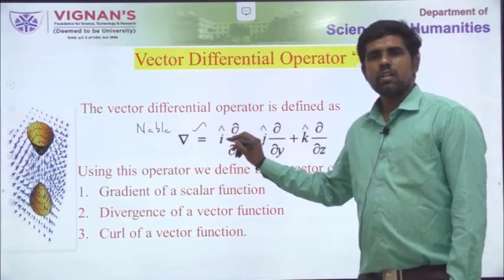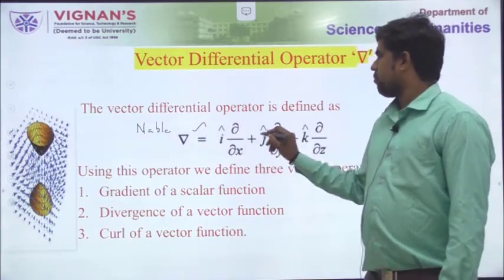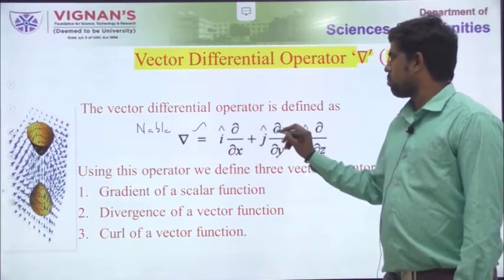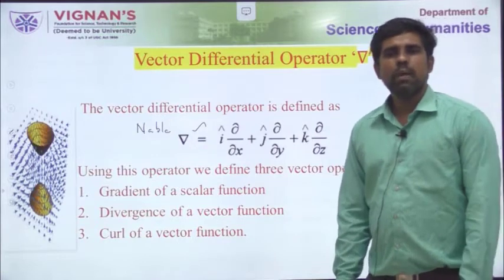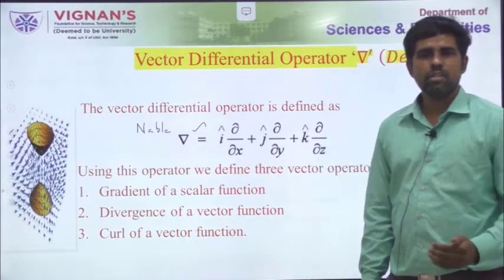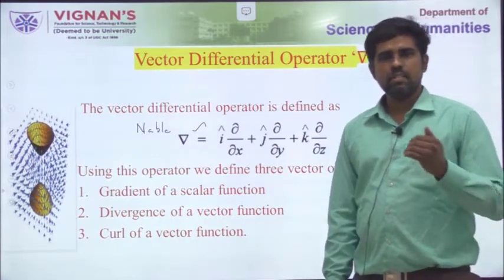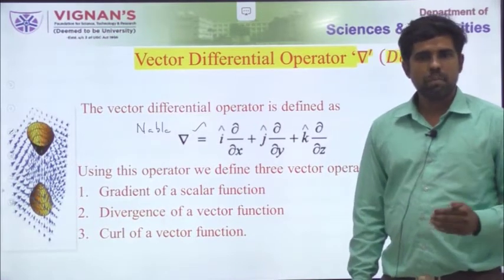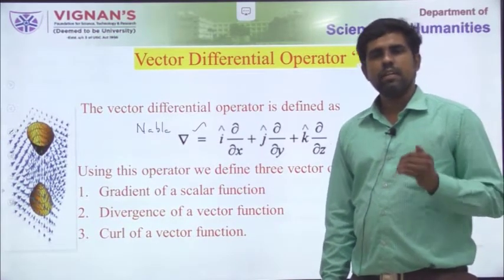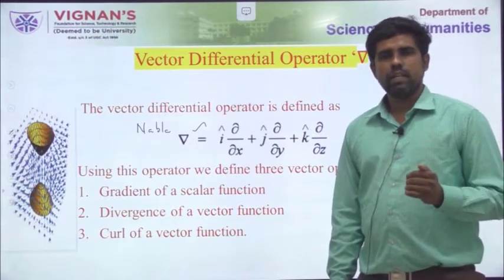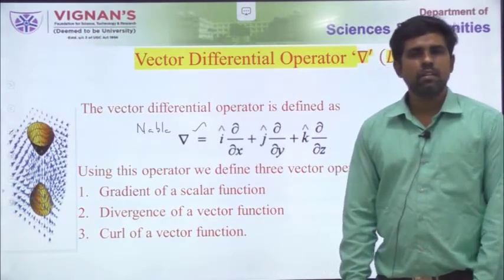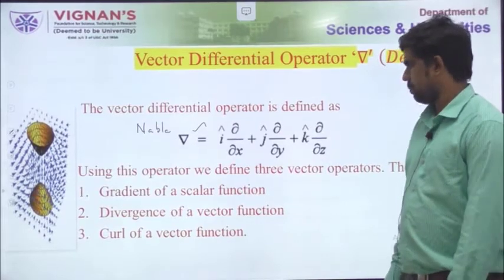So del is equal to i vector into dou by dou x plus j vector into dou by dou y plus k vector into dou by dou z. So this is the definition of del. Del is a differential operator, in particular a partial derivative operator, i vector into dou by dou x plus j vector into dou by dou y plus k vector into dou by dou z.